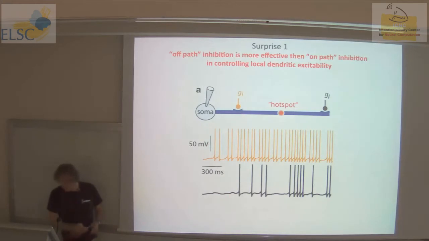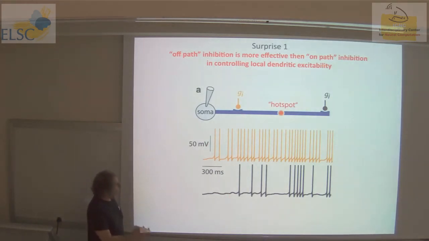Just to show it graphically, in this case we only activated this inhibitory synapse, not this one. The hotspot is active, NMDA current is generated, the cell body is firing because it has sodium spike generation, and the inhibitory synapse is active on the path, and that's what you get as output.